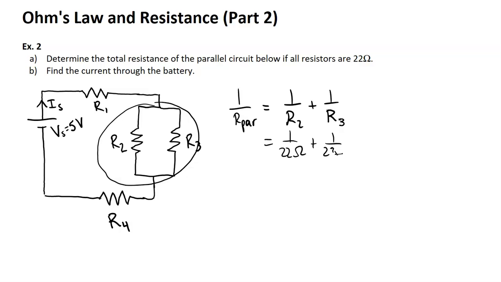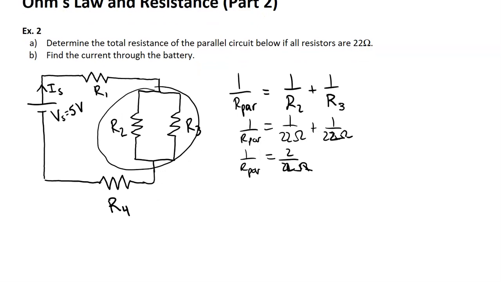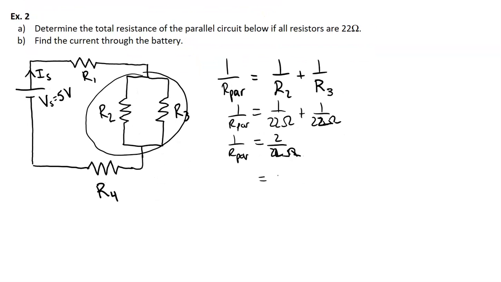And so I arrive at 2 over 22 ohms, which is equal to 1 over R parallel. And 2 over 22 is 1 over 11, or 22 over 2 is our parallel. So that just ends up being 11 ohms for that parallel section.